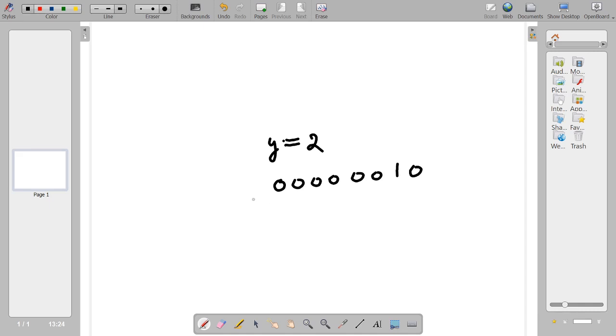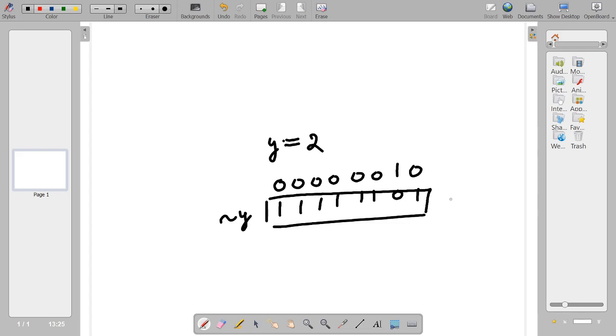The complement operator flips all the bits. It makes zeros ones and ones zeros. So the result is 1 1 1 1 1 1 0 1. But how is the machine reading it?